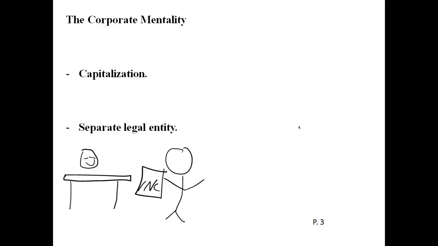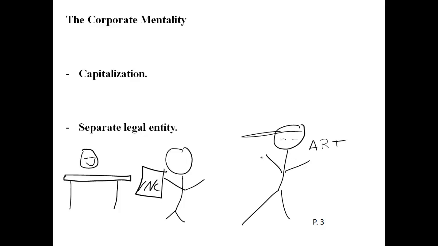The client doesn't realize that what he did was he created a next door neighbor. The client doesn't realize that he created an artificial person. We're going to call this person Art. This person can own income. This person can own property. This person can buy and sell property. This person can incur liability.